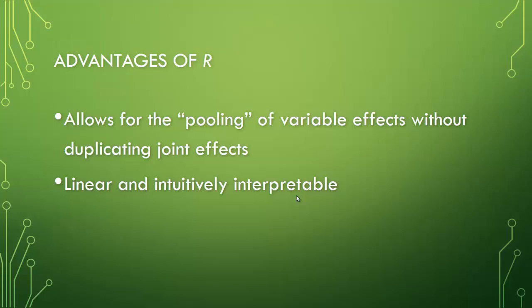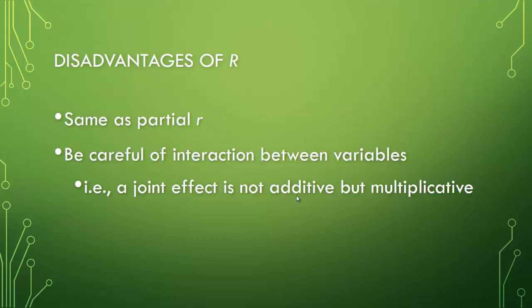And because we know about simple bivariate regression, the same logic applies to multiple regression. As such, it's easily interpretable because we are more familiar with the simple bivariate model, with little additional explanation needed to interpret the results. Now the disadvantages of multiple regression are the same as a partial R. As we input more predictor variables and control variables into the model, the things we have to examine become more complex, and so meeting assumptions is more stringent.